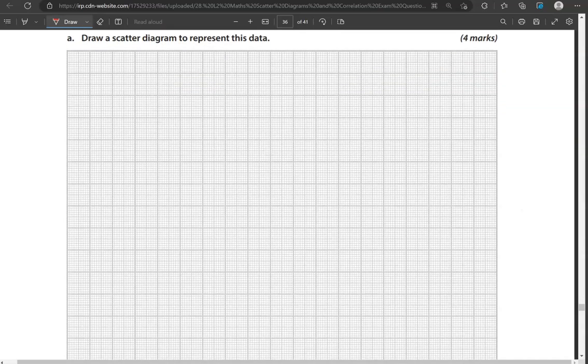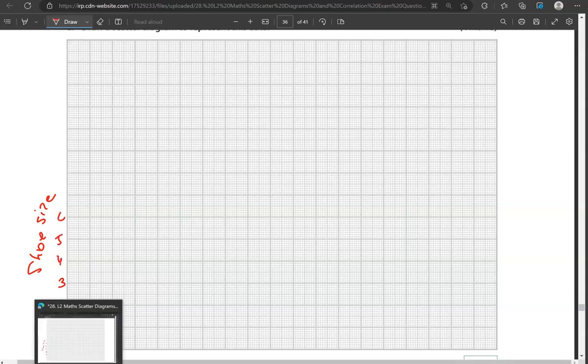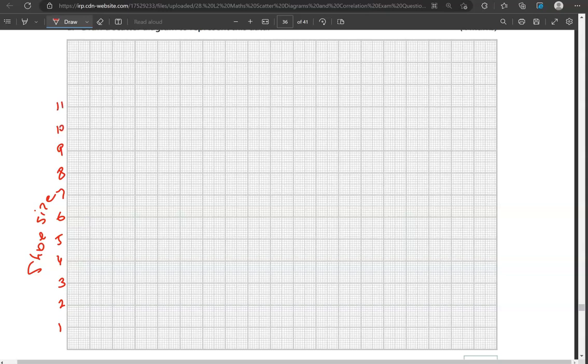So starting with the shoe sizes, go 1, 2, 3, 4, 5, 6, 7, 8, 9, 10, 11, 12. I'm not sure if there is a size 13 or 14, so I'm going to stop at 12. But you don't lose any marks even if you continued.